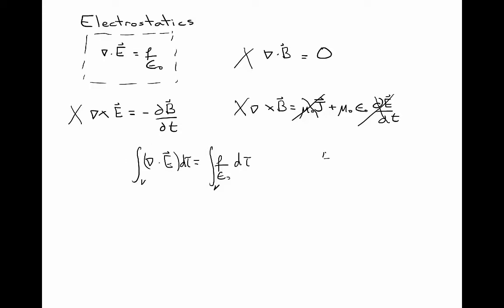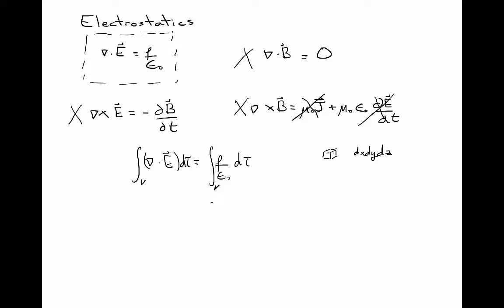The d tau is an infinitesimal volume element, so you just have a little cube if you're in Cartesian coordinates. So in Cartesian coordinates, that'd be dx, dy, dz, and we have our different combinations depending on which coordinate system we're in. So we're just writing d tau, so what we're doing right now doesn't depend on what coordinate system we're in.